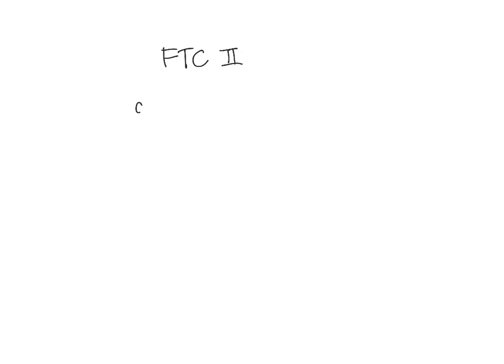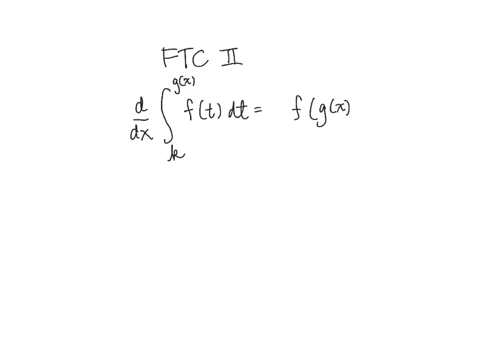So if I'm going to take the derivative with respect to x of an integral that goes from any constant to an expression in terms of x of f of t dt, we're going to end up with f of g of x times g prime of x.